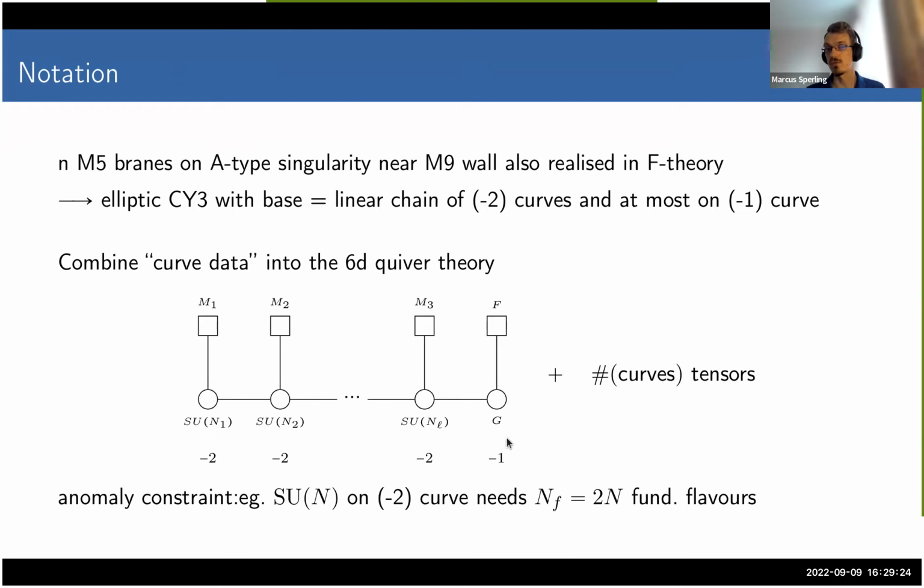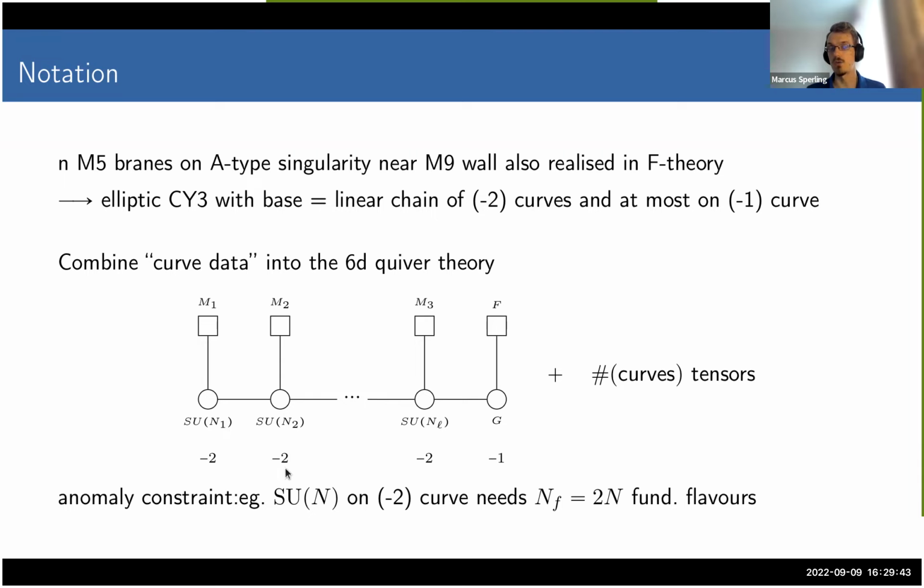The -1 curve is there if you have the M9 wall present, and if you consider the setup without the M9 wall, you just have a chain of -2 curves. And the -2 curves you can think of as being in between these NS5 intervals. And we have this quiver that gives us the field content.